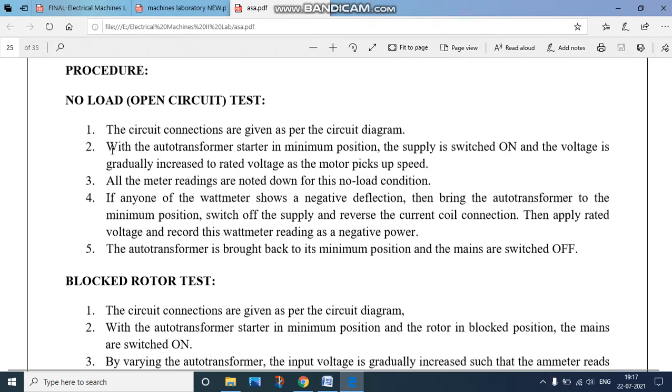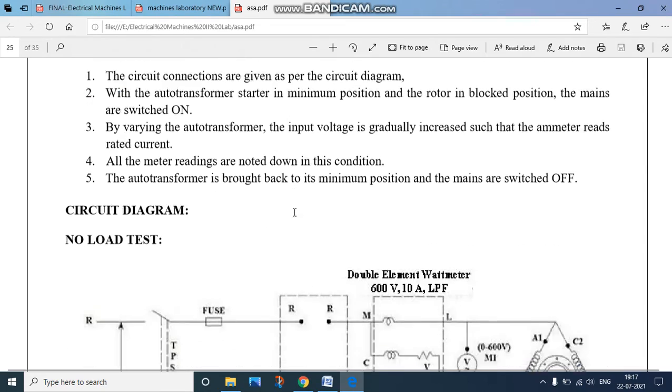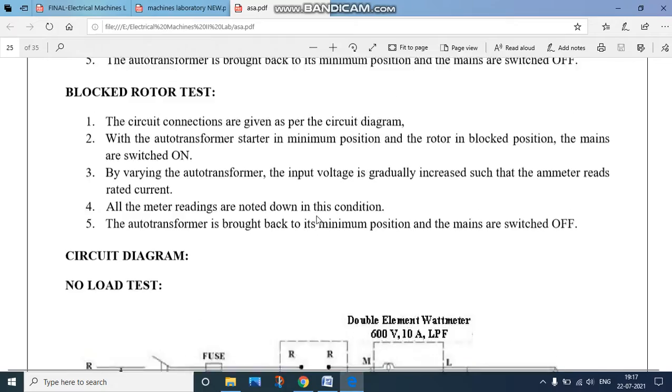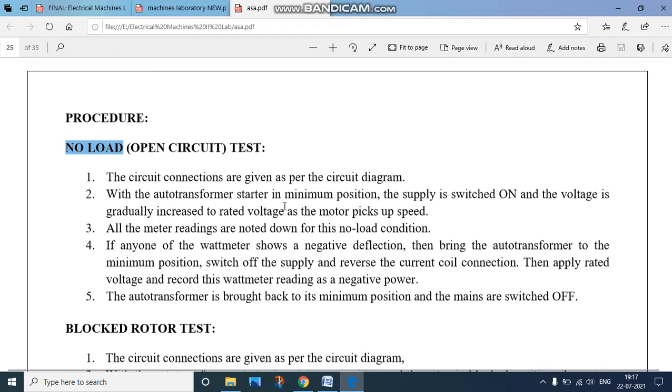In this open circuit test we do not give any load, and therefore the circuit diagram contains no load. The circuit connections should be made as per the circuit diagram. With the help of the auto transformer starter, it should be in minimum position during start, and the supply is switched on, and the voltage is gradually increased until the rated voltage.